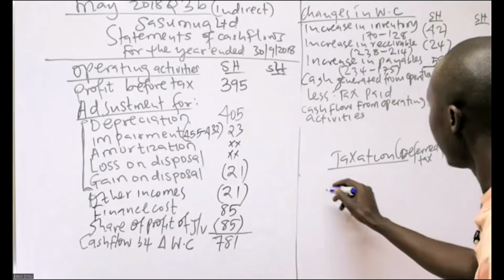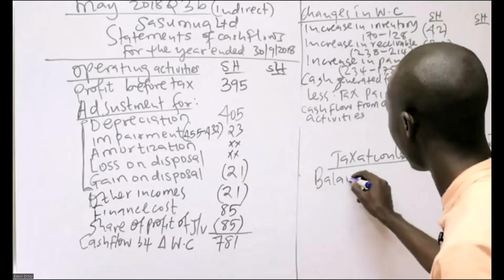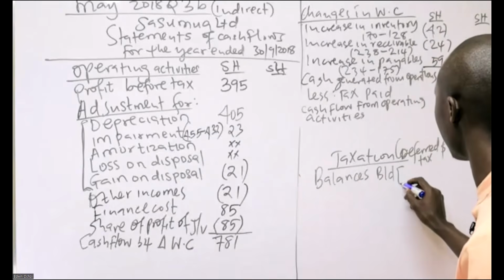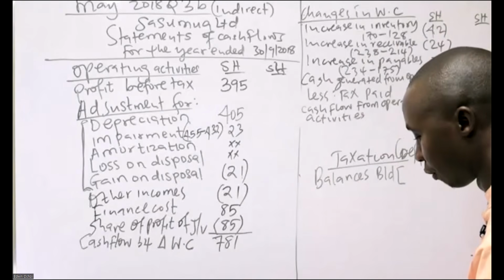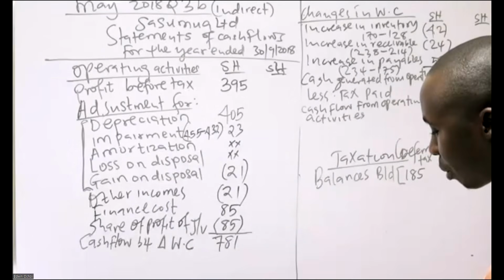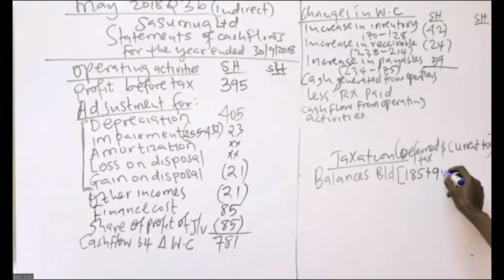The balances brought down: for deferred tax it is 185, and for current tax it is 94.